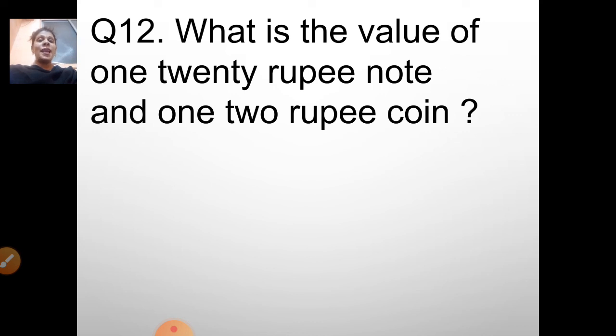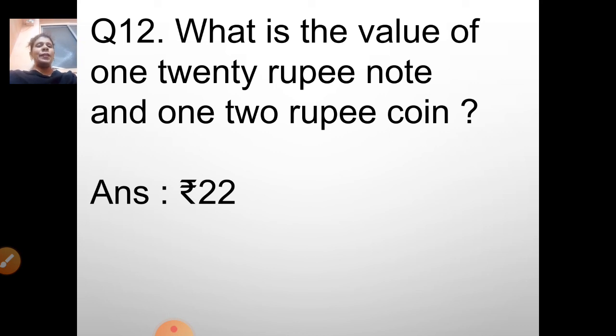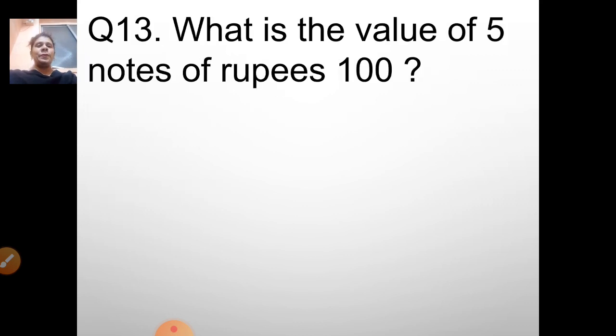So how much money am I having? 20 plus 2 will be, add 2 rupees to 20 rupees, 21 and 22. Correct. So a 20 rupee note and one 2 rupee coin will together make rupees 22.